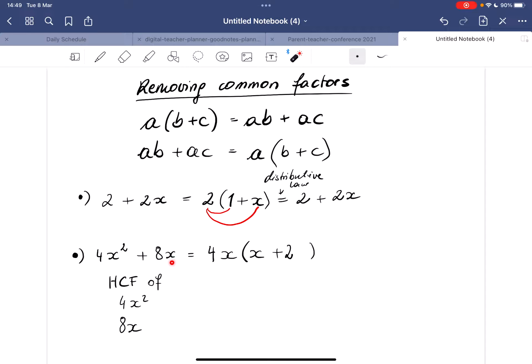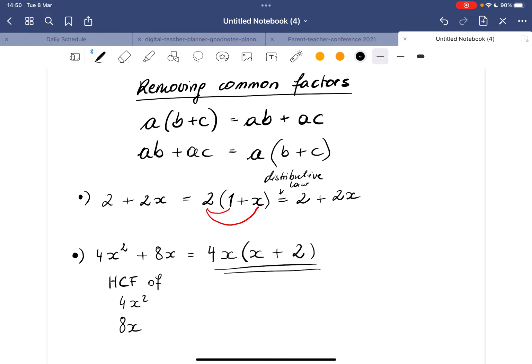X multiplied by what gives me x, just 1. And I'm not going to write that one here because that would then mean like 21. It would, however, be 2 times 1. I don't need to put that here, so I can simply write plus 2 here. Just going to write that a bit nicer. Plus 2.